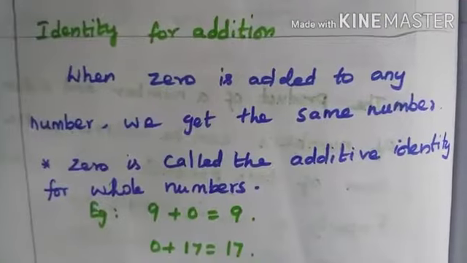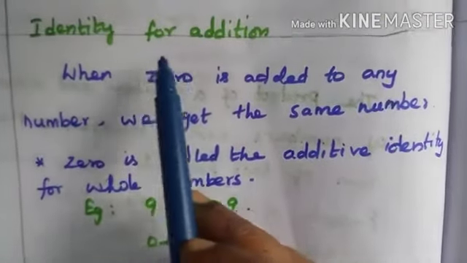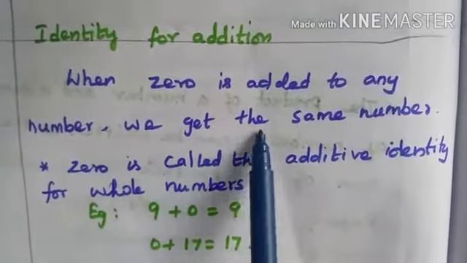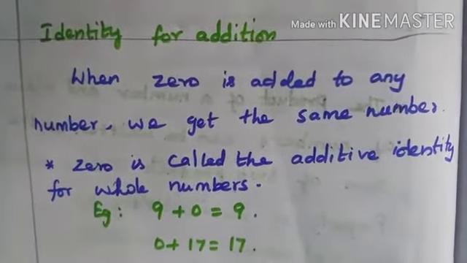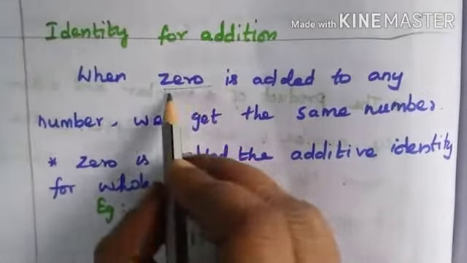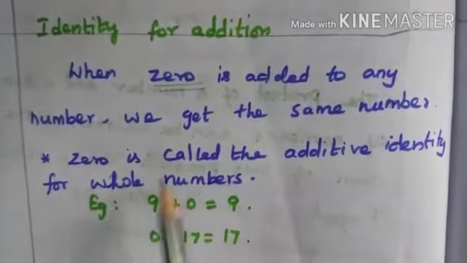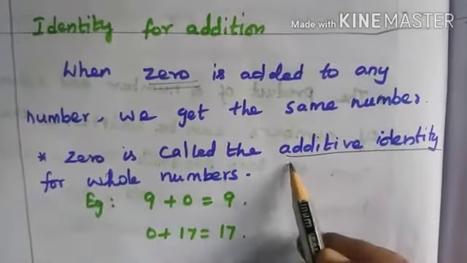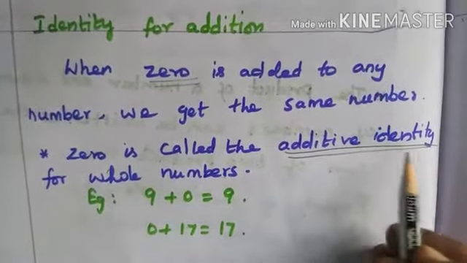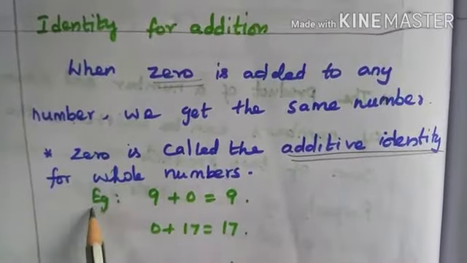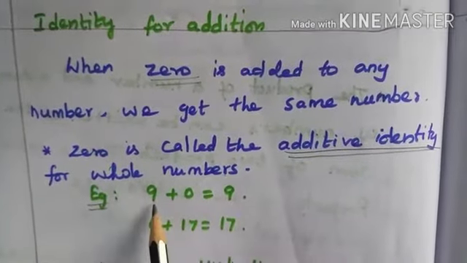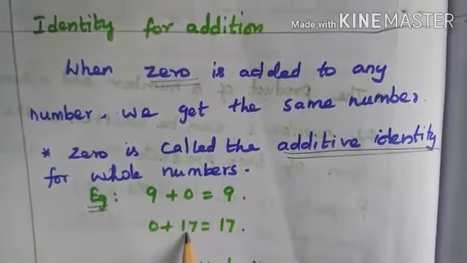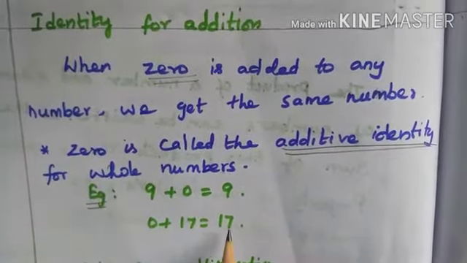Now we are going to see the identity for addition. When 0 is added to any number, we get the same number. We learned this in the smaller classes. Here 0 is called the additive identity. 0 is called the additive identity for whole numbers. For example, 9 plus 0 equals 9, and 0 plus 17 equals 17.